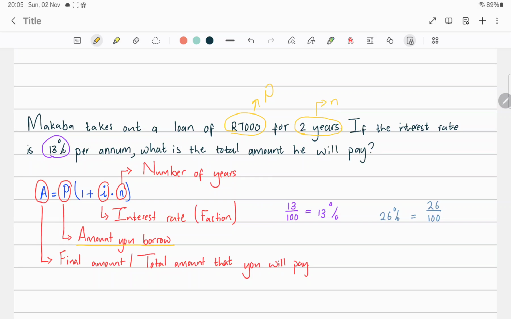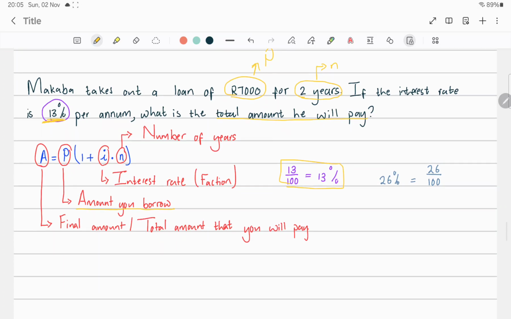Now, the interest rate is 13%, which is our i, and we represent it as a fraction. And then, what is the total amount he will pay?